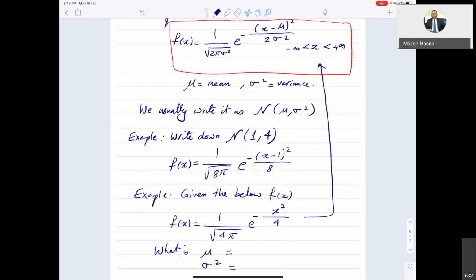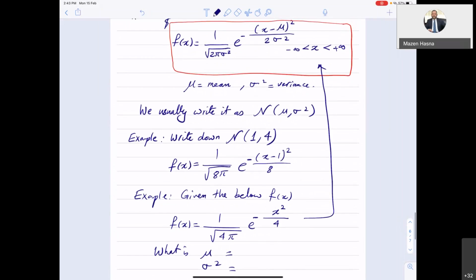If I have a mean, then it should be x minus something. I don't have that, so mu is 0. What's sigma squared? 2. Right, because 2 sigma squared is 4, so sigma squared is 2.